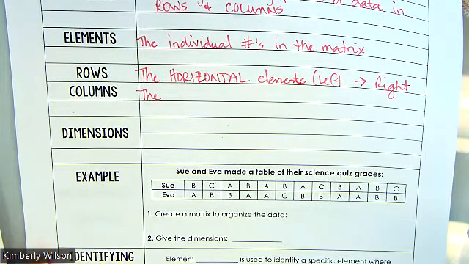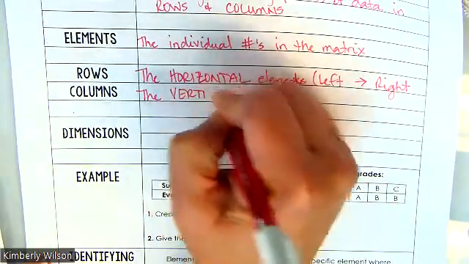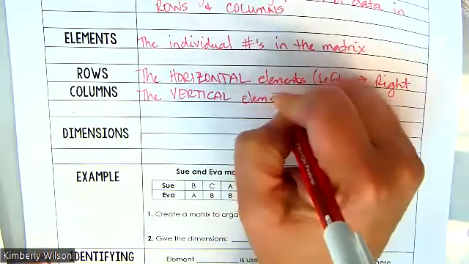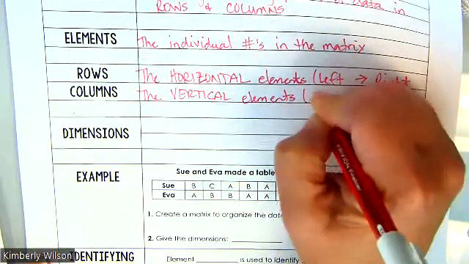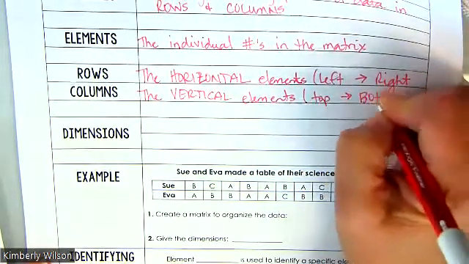The columns are the vertical elements. And those, of course, are going top to bottom.